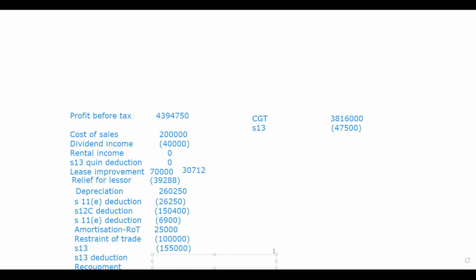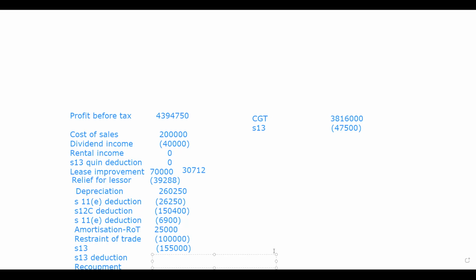That means you don't have cash reserves, so they give you this relief: you can defer, taking out the recoupment as you take out the allowance. That's the main principle.